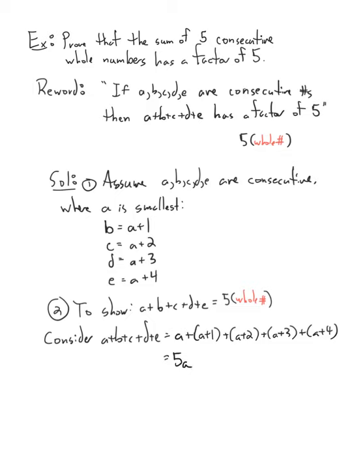And then we have 1 plus 2 plus 3 plus 4, which is 10. And remember, we want to get this in the form 5 times some whole number. But hey, look here. We have a factor of 5 in all of our terms here, which is great, which means we can take it out. So let's go ahead and do that. We get 5 times A plus 2.